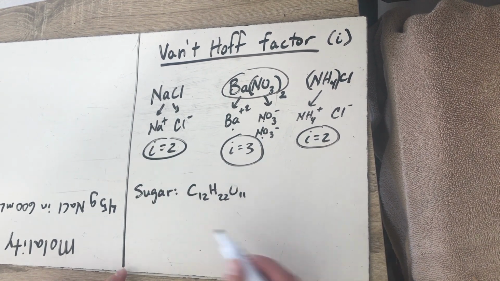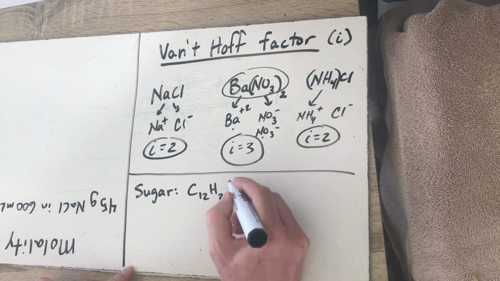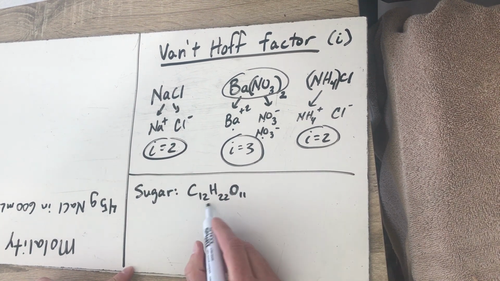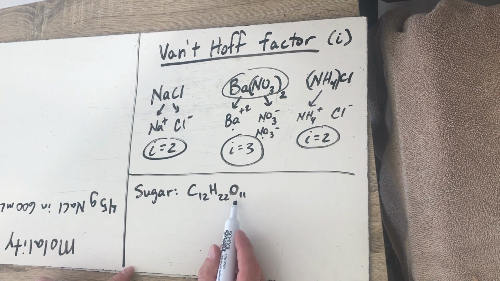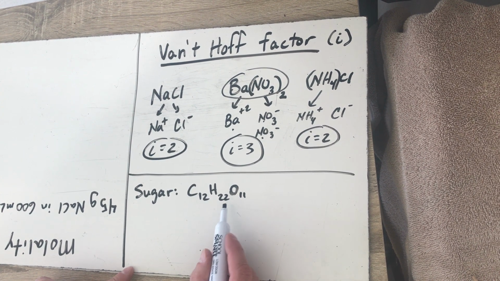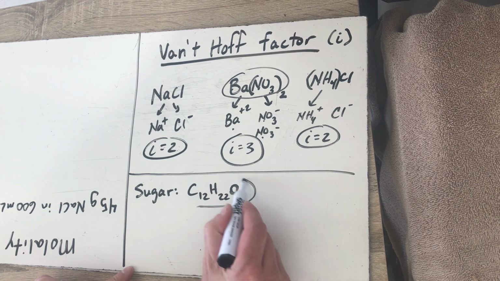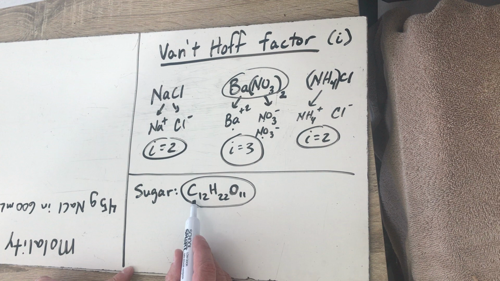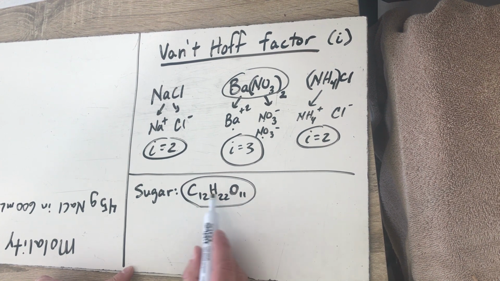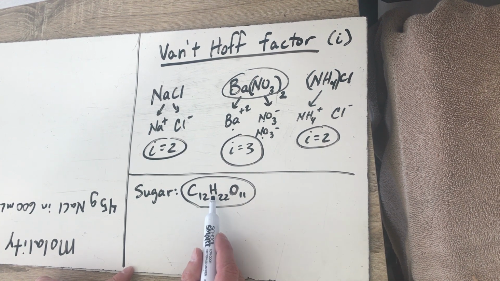broken apart. Now, contrast that with sugar. Sugar is a gigantic hydrocarbon, a really long molecule, but these are all covalently bonded. They're sharing electrons. When you put this into water, these sugar molecules will break apart from each other. So one of these molecules will break apart from another identical molecule, but the actual molecule itself does not break down at all. It stays together as C12H22O11.